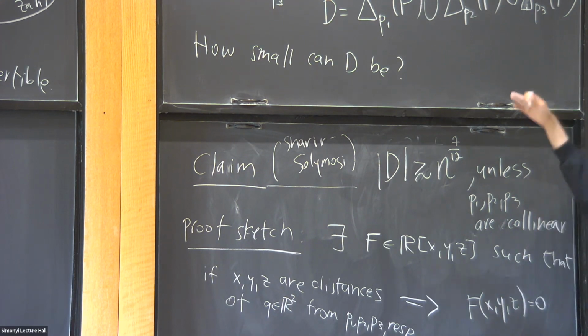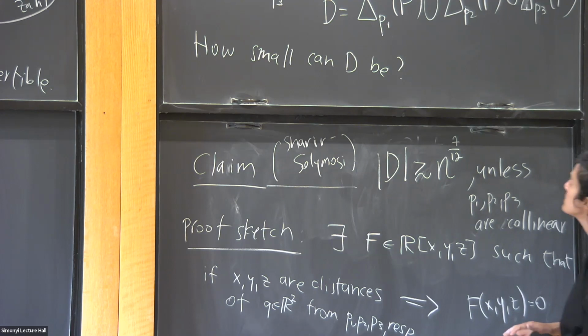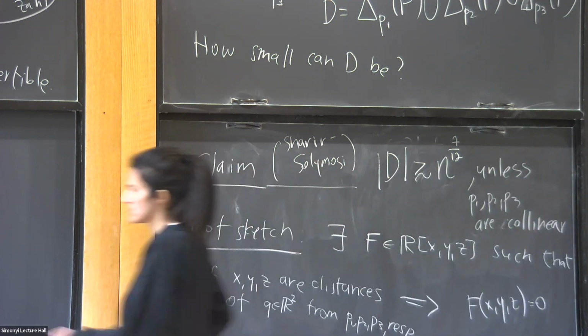One just does the computation there, and it tells me what Z is in terms of X and Y. That's the polynomial. Okay, so now I have this polynomial.